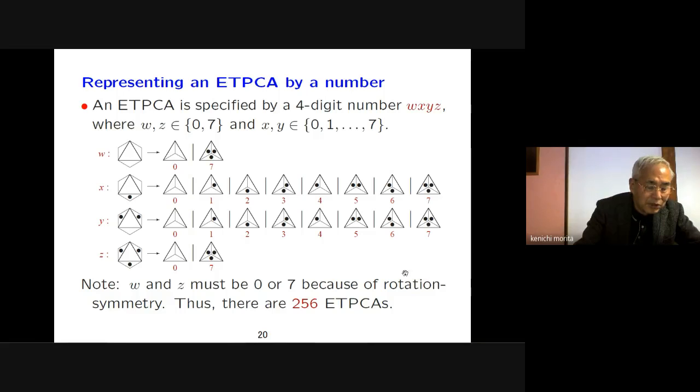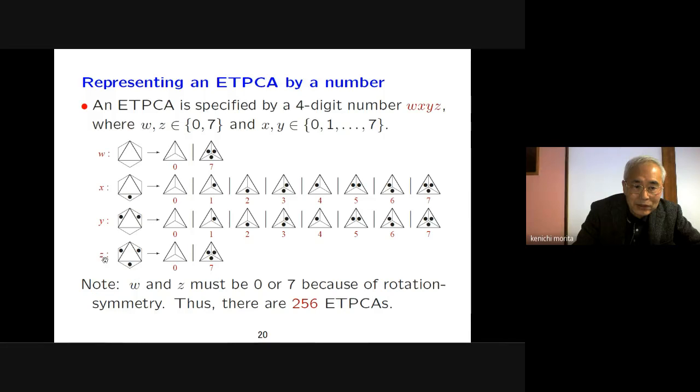An ETPCA is specified by a 4-digit number W, X, Y, Z, where W and Z are either 0 or 7, and X and Y are in the set 0, 1 to 7. Note that W and Z must be 0 or 7 because of rotation symmetry.